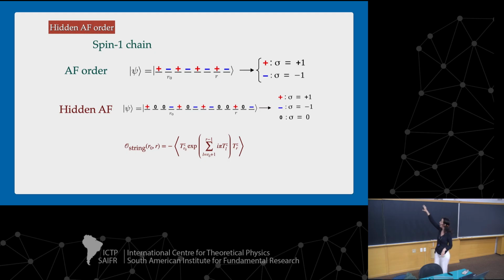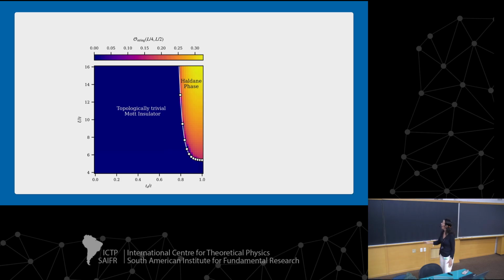But the string operator, where this middle part here kind of removes the zeros that are in the middle, it has a very clear signal. And this is the outcome and the phase diagram I've shown in the beginning.